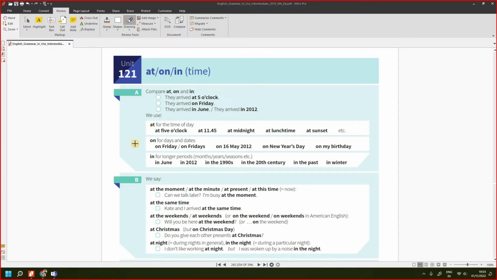Now, where do you use on? We all know that we use on for days and dates, right? So, right from Monday to Sunday, you use on. Okay. If it's a repeated one, also you use on. For example, you can say on Friday, on Fridays, on Mondays. Okay. So, whenever it is referring to a day or a particular date, say on.